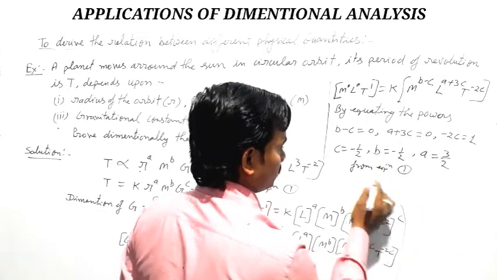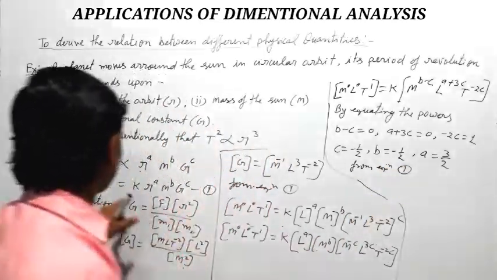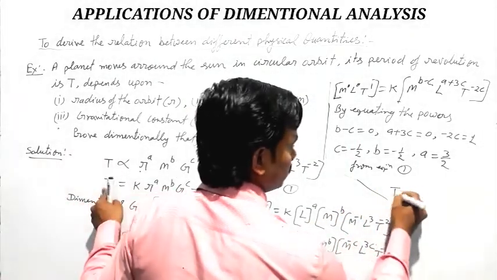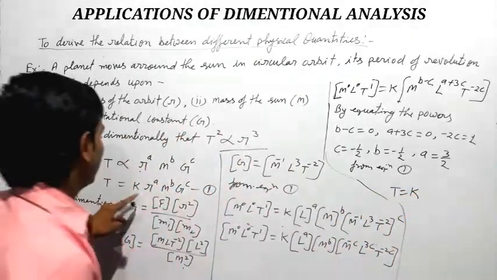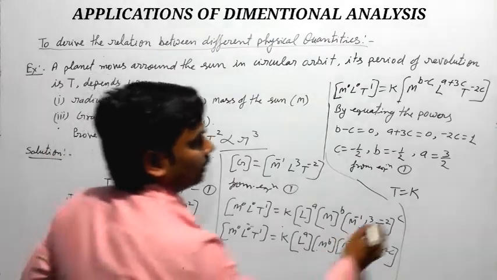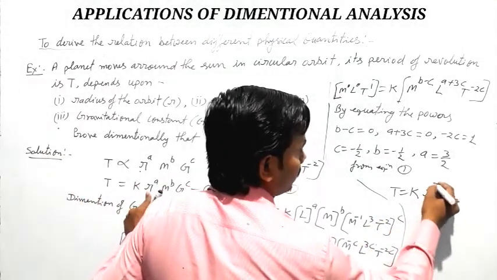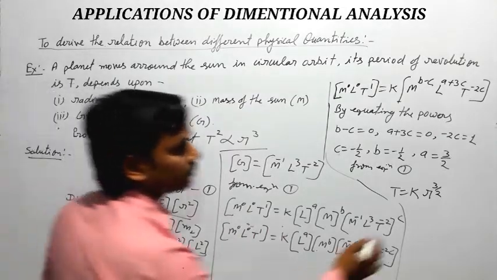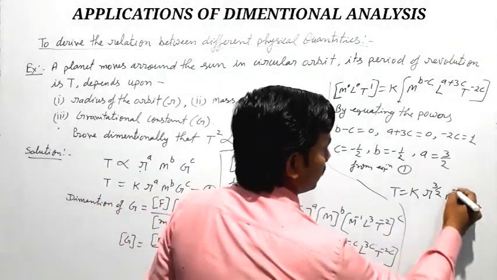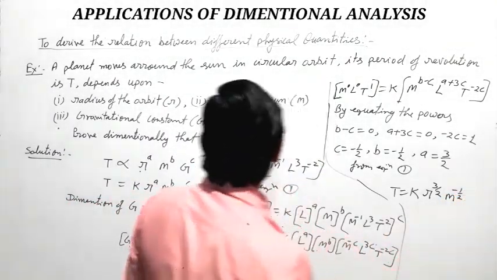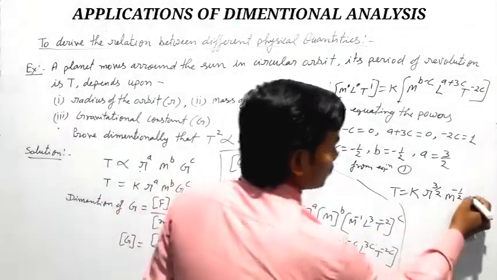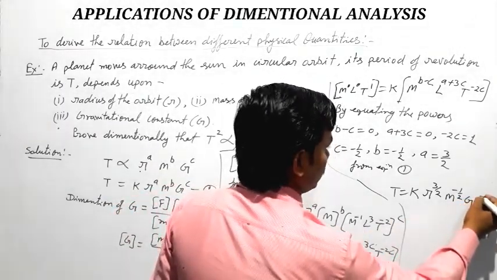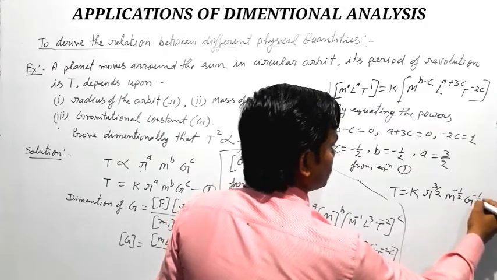So from equation 1 we will write T equals k r to the power a, so r to the power 3 by 2, M to the power b, so this will be M to the power minus 1 by 2, and G to the power c, so this will be G to the power minus 1 by 2.